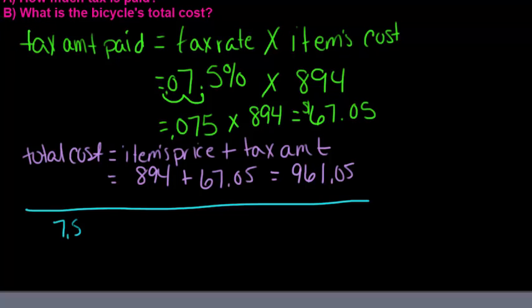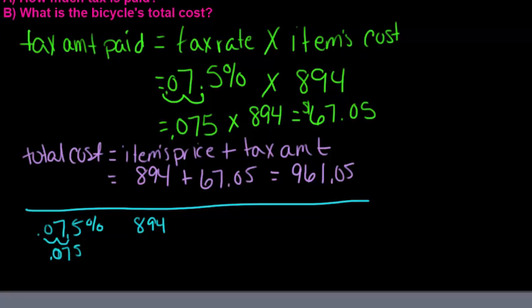was 7.5%, and then the cost was $894. So not only do I want to make this a decimal, so move it 2 to the left, making it 0.075, but I want to know what is 7.5% of 894, and then add the 894 back in.